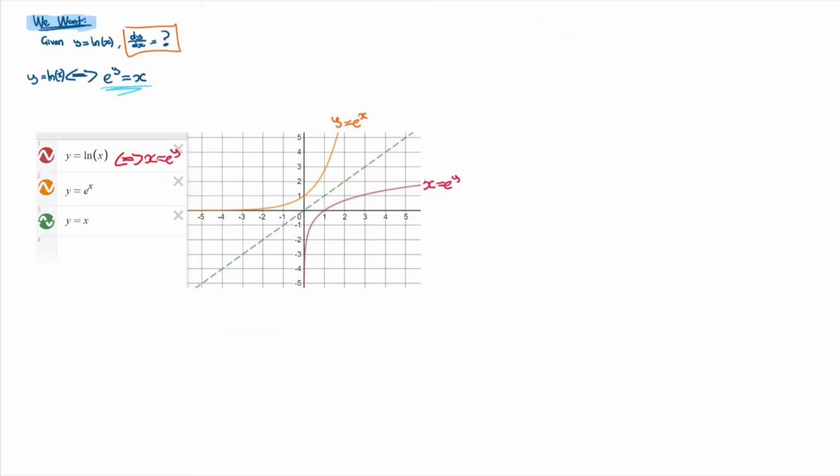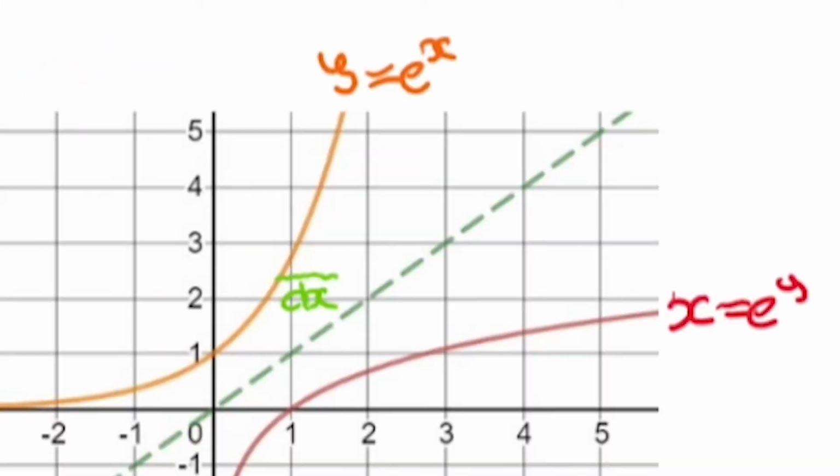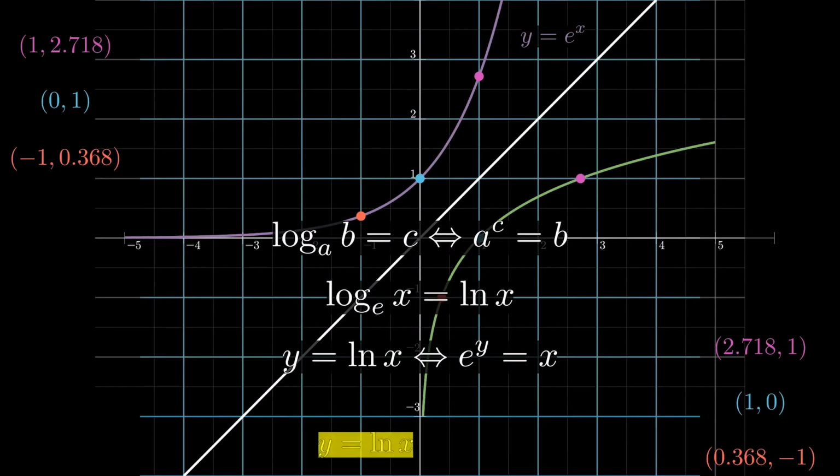If we have a look at the rate of change on the exponential function, we've seen this before. If we take a small change in x and also a small change in y, we know the derivative of that is going to be e to the x. But I want to have a look at what happens to the function e to the power of y, because that is the same thing as the natural log of x.